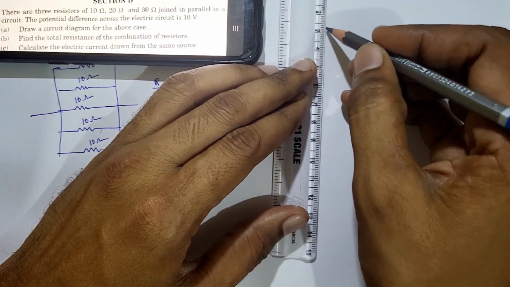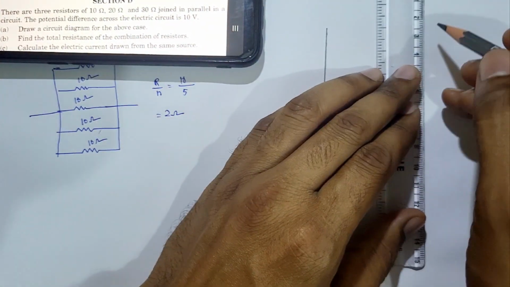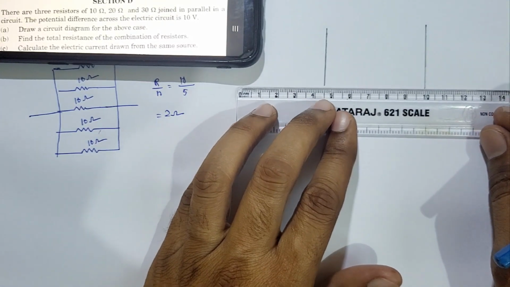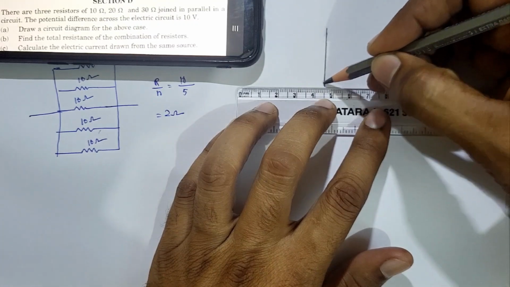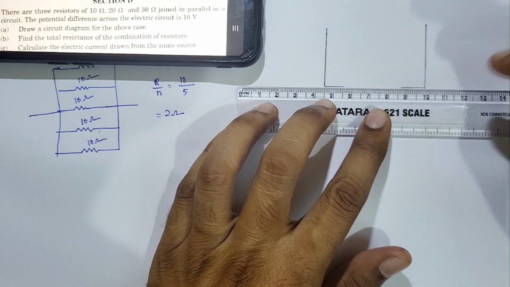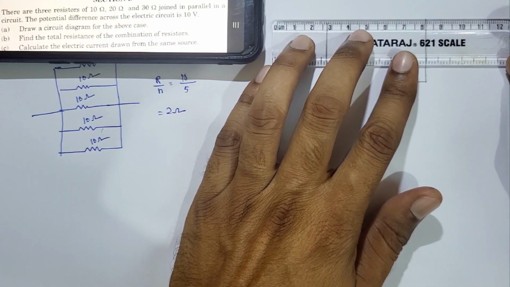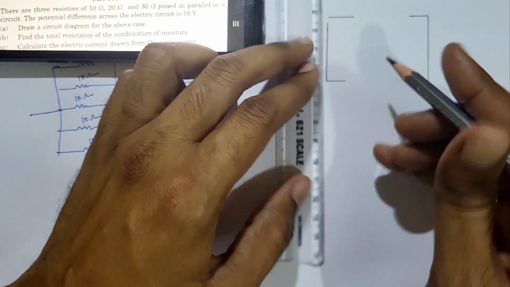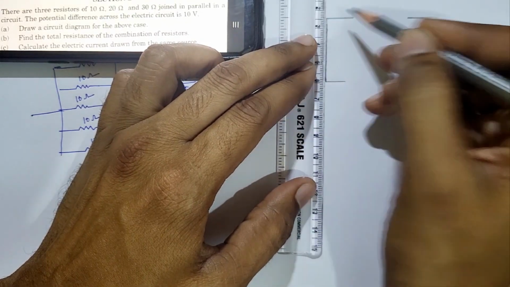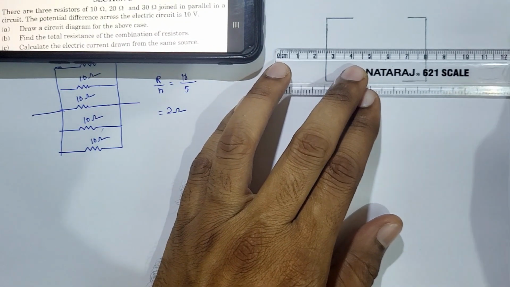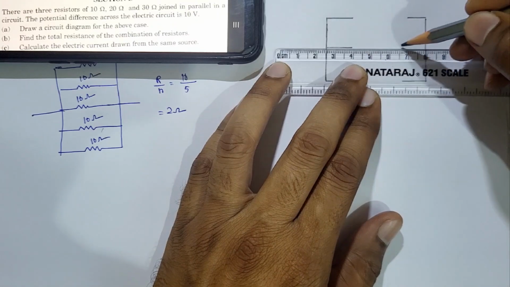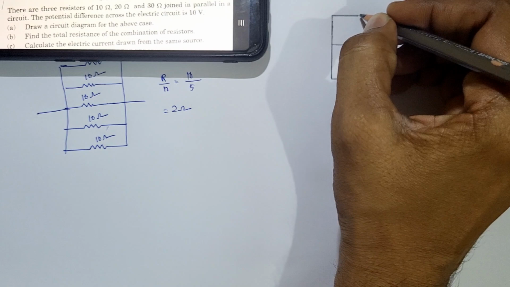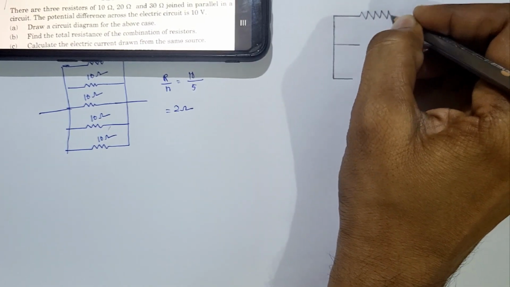Like this, we can take three resistances. You can fast forward this part.